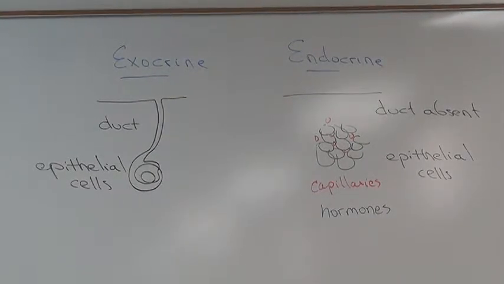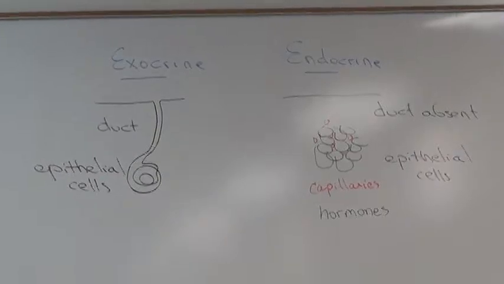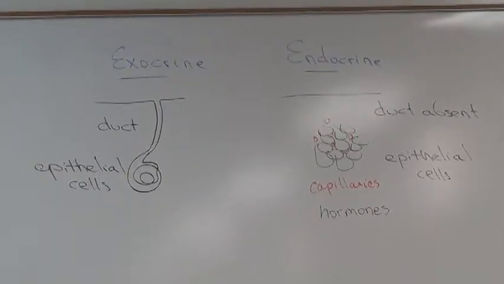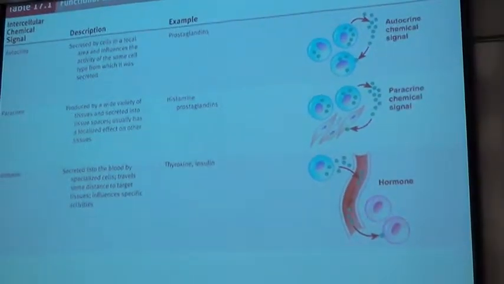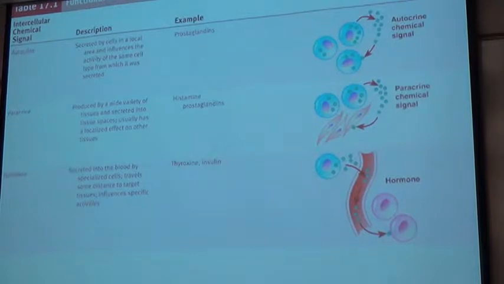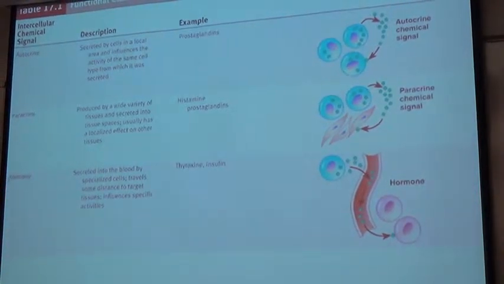Receptors are protein molecules on the surface of a cell. And so here we have hormones. The chemicals go in, and then there's a receptor either on the surface of the cell or inside the cell. And if there isn't a receptor, that chemical has no effect on that particular cell.